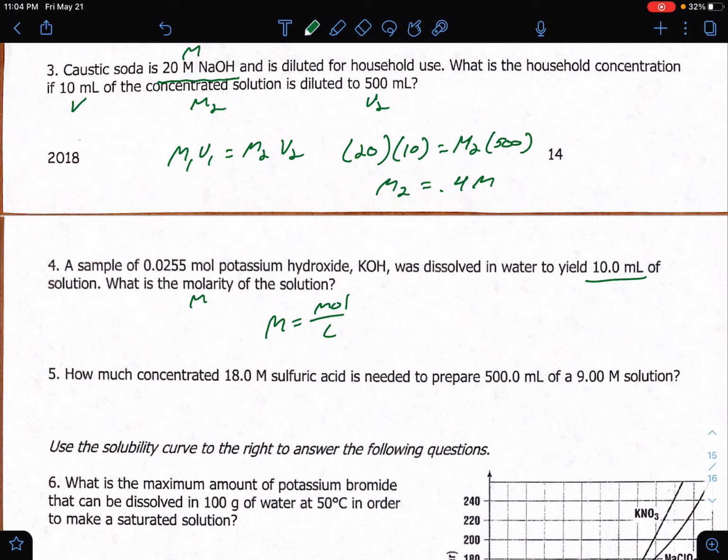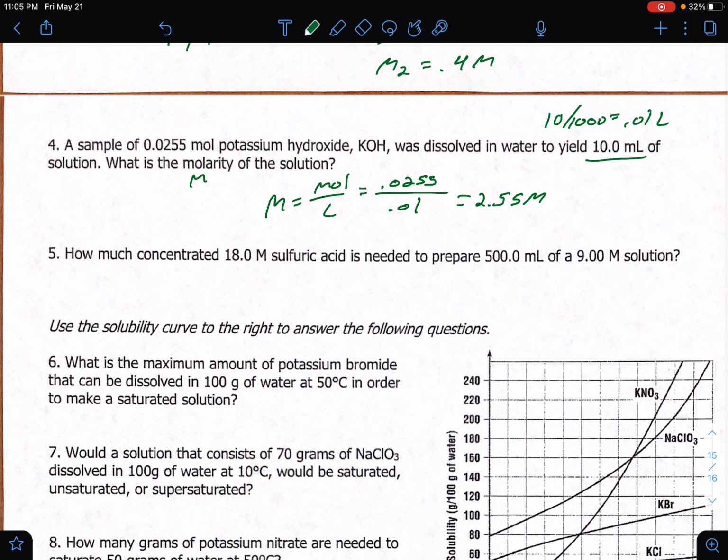So I'm going to change this 10.0 to liters, and 1 liter is 1,000 milliliters. So I'm going to take this 10 and divide it by 1,000, and that gives me a volume of 0.01 liters. So now I can take my moles, which is 0.0255, divide it by 0.01, and this gives me a concentration of 2.55 M.